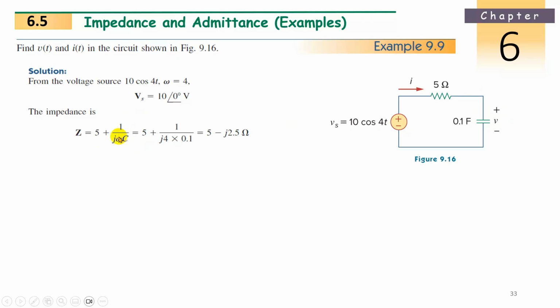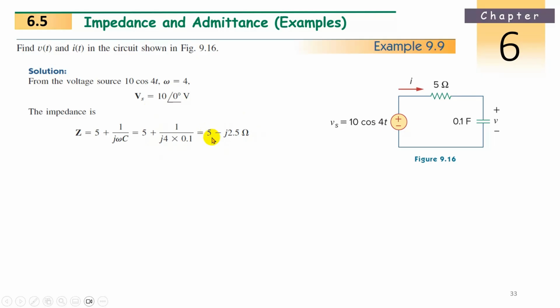What is the reactance? So 1 by j omega C: omega is 4 and capacitance is 0.1, so it becomes 0.4. 1 by 0.4 is nothing but 2.5, but with 1 by j, if j goes to the numerator it becomes minus j. So it is 5 minus j2.5.